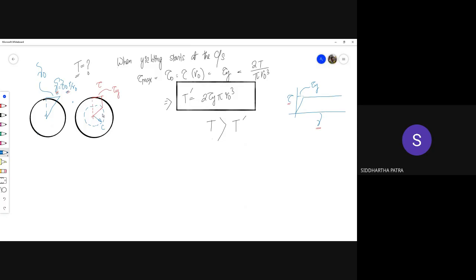And then in the outer shell, it is constant because it is elastic, perfectly plastic. So the strain is proportional to radius. It's as if radius is the scaled down version of the shear strain. Okay. So the stress changes with the radius the same way it changes with the shear strain. So you have this much shear strain.